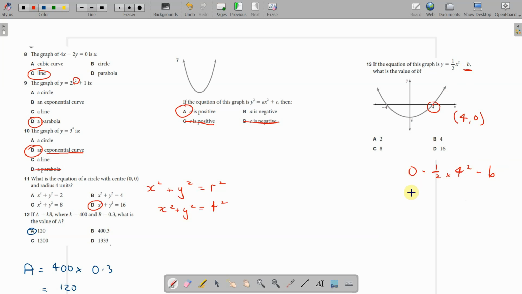So we just subbed in 0 for y, 4 for x. 4 squared is 16 minus b. 0 equals a half times 16 is 8 minus b. Well, the only way 8 minus something equals 0 is if it's 8. B equals 8.